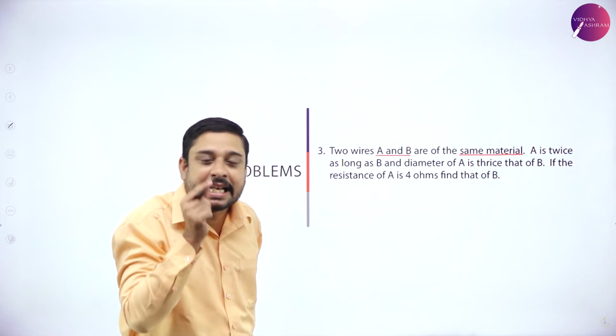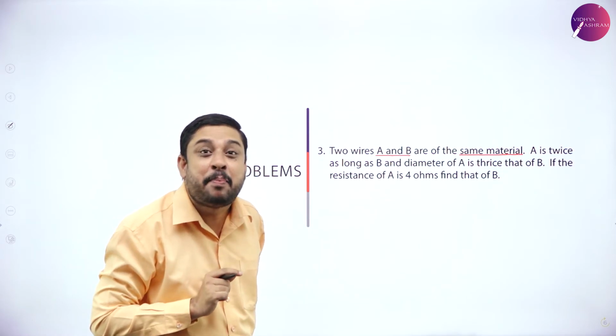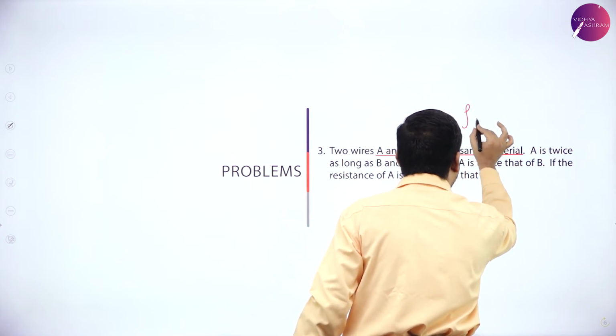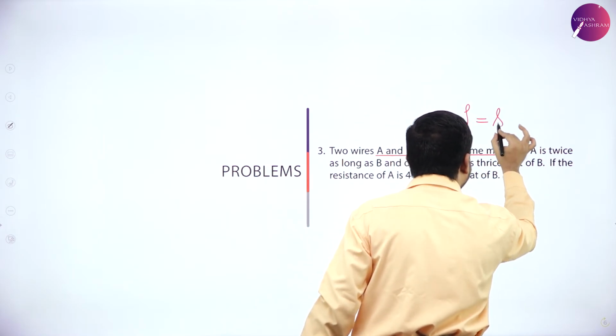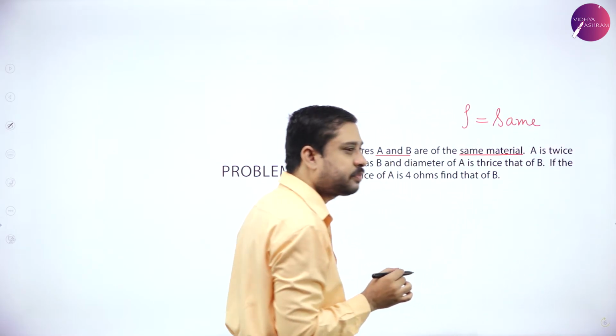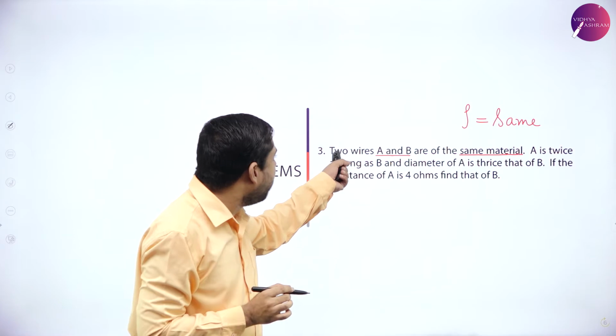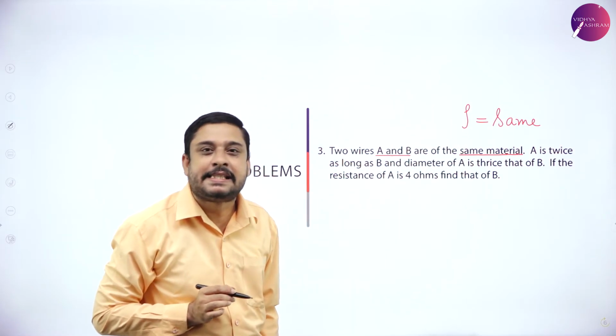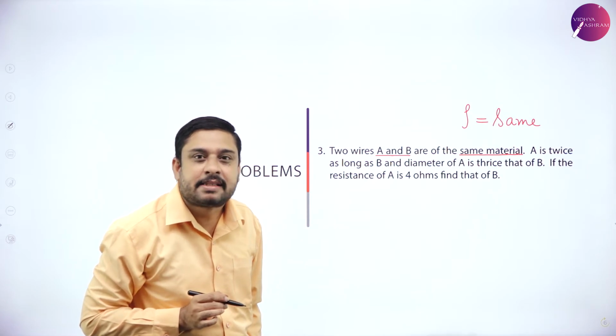Good. Resistivity depends upon the material. So here it means resistivity remains the same. Since they are made of the same material, rho, resistivity remains the same.